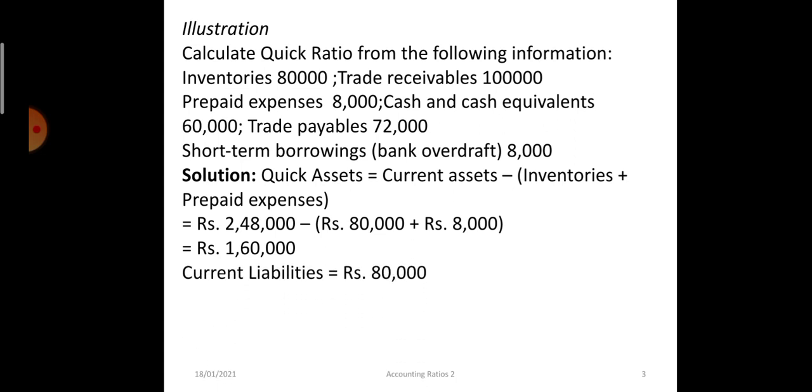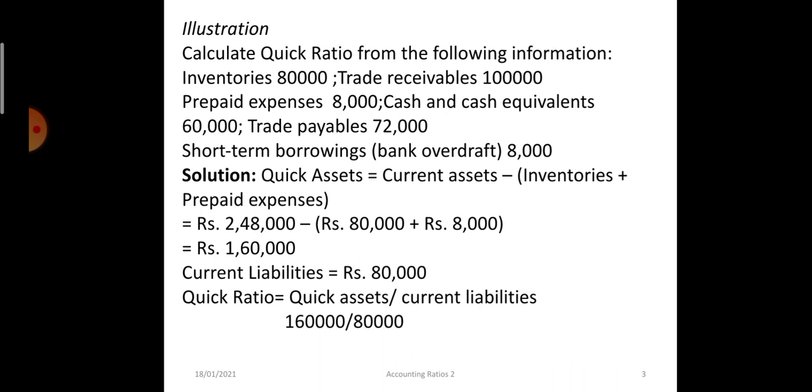Now current liabilities, trade payables plus bank overdraft, 72,000 plus 8,000 is 80,000 rupees. So quick ratio is quick assets divided by current liabilities. 1 lakh 60,000 divided by 80,000, the ratio is 2:1.